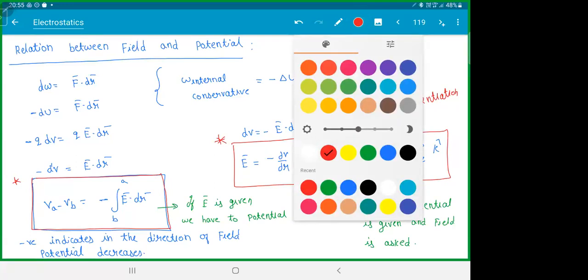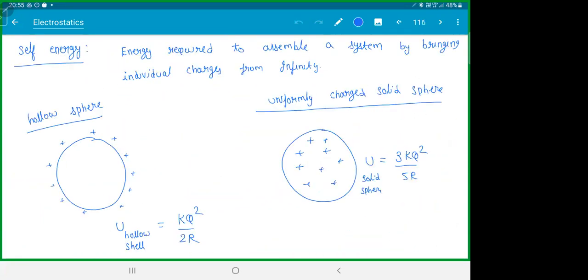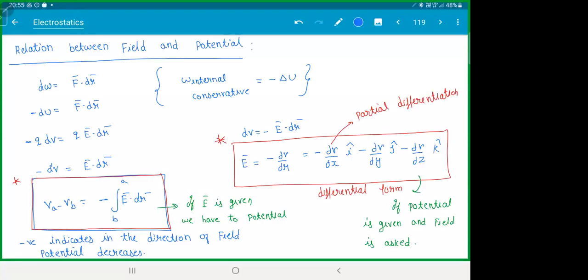And then copy the formulas. Let's see how they'll frame questions on this. In relation between field and potential, that is the main thing there.